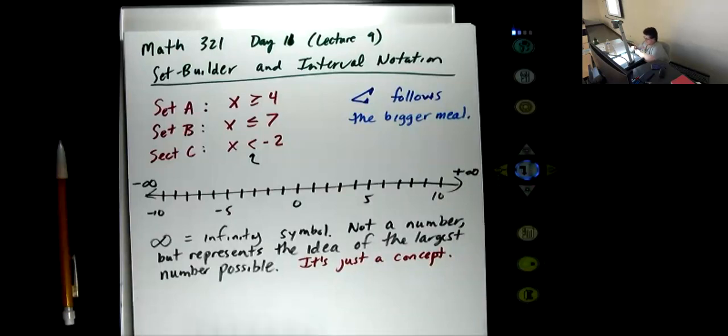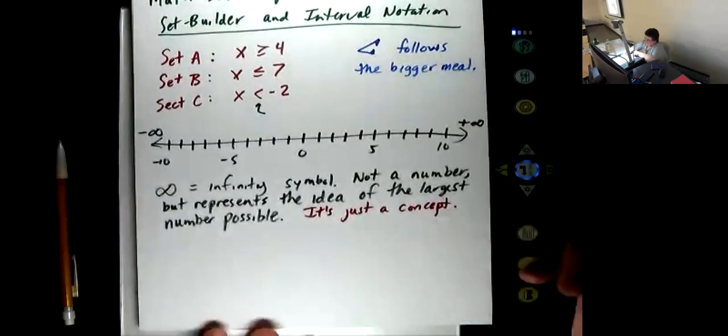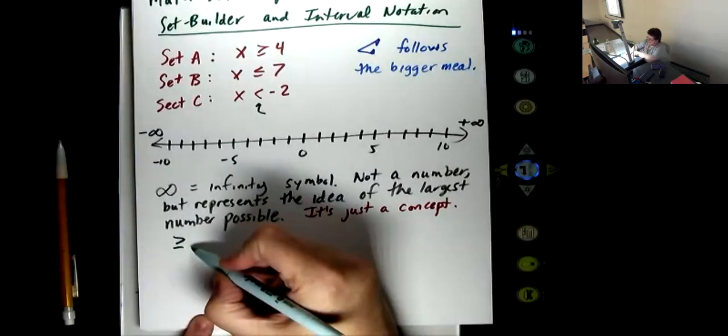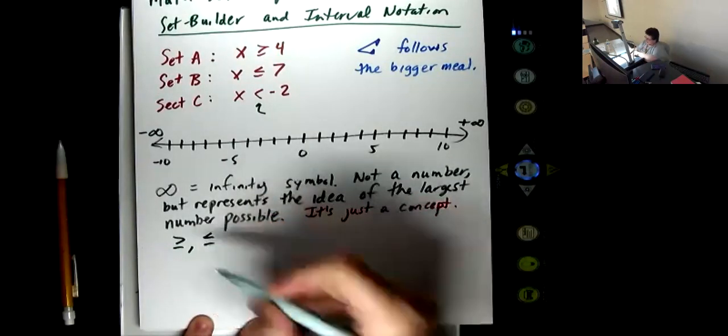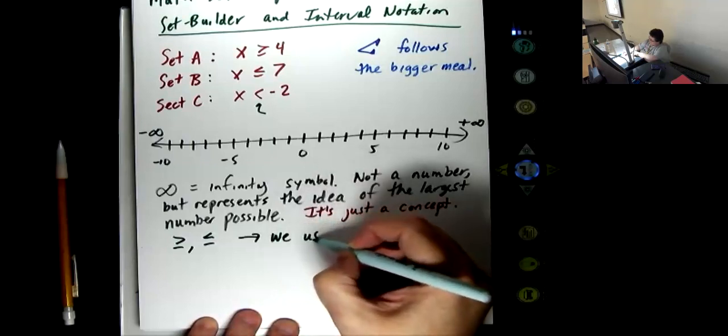So if I plot these on here, there's some things we need to know. If something has a greater than or equal to sign, or a less than or equal to sign, we use solid points on the number line.